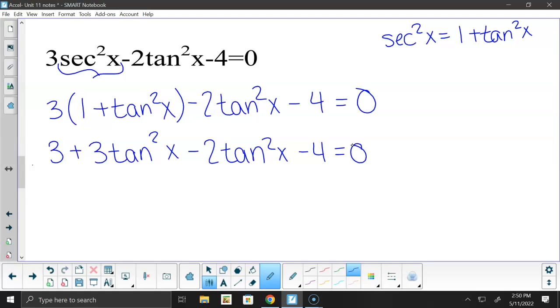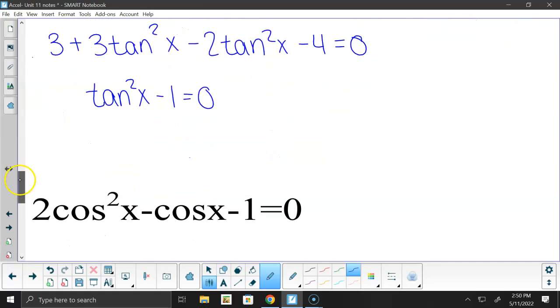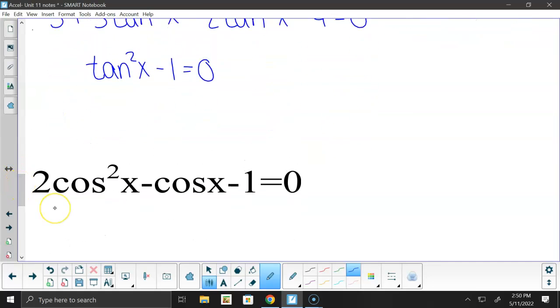They combine. Yeah, I just am left with a single tangent squared of x, and then 3 minus 4 is a negative 1. Set it equal to 1. So I've now got tangent squared of x equals 1.